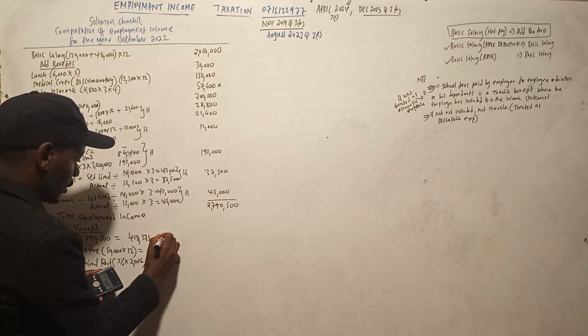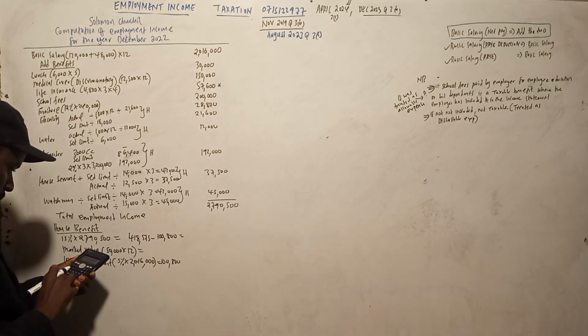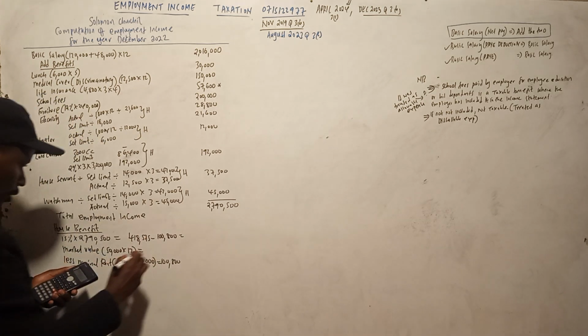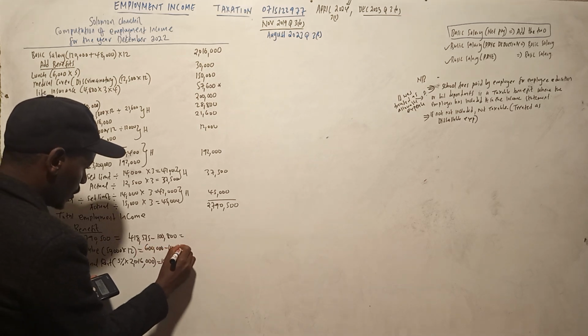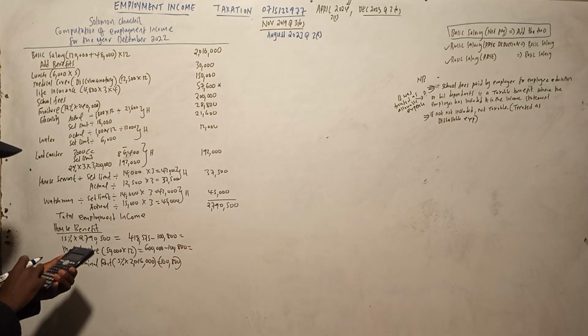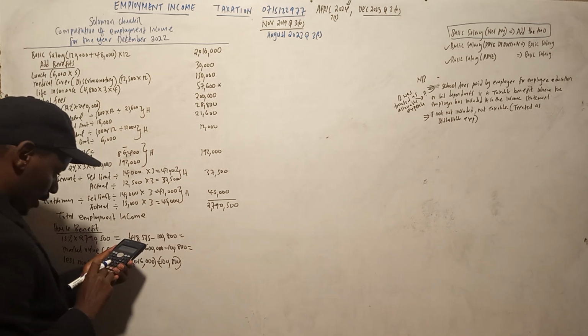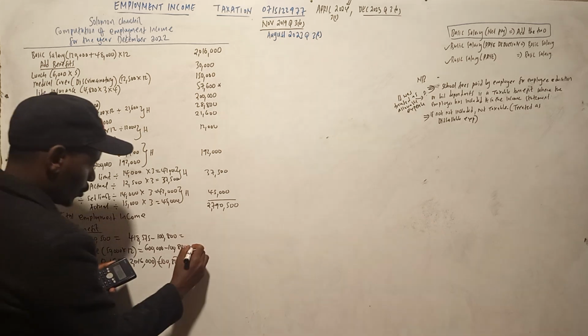So minus 100,800. Then the other one is 50,000 times 12, which is 600,000. But remember, we also less the nominal rent of 100,800, so that we get 499,200.